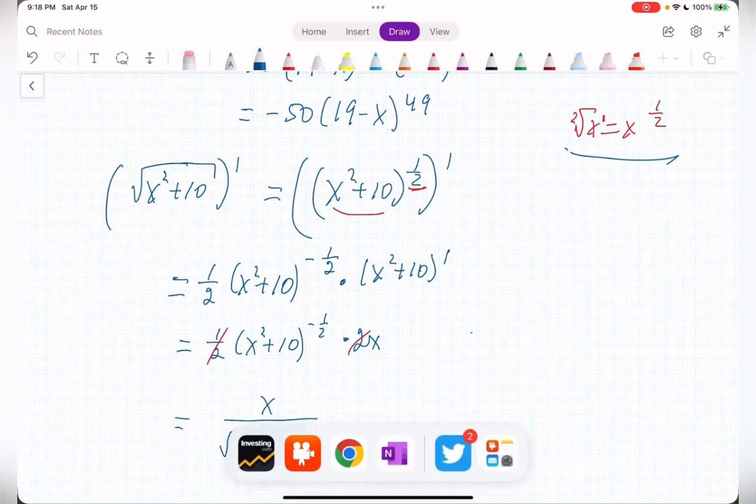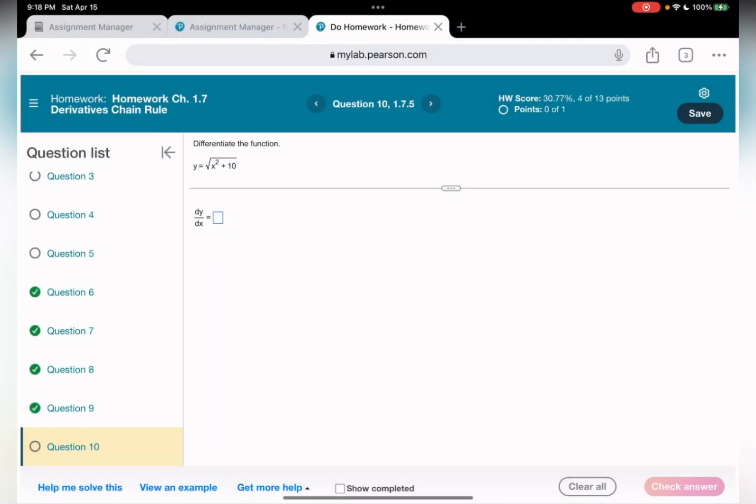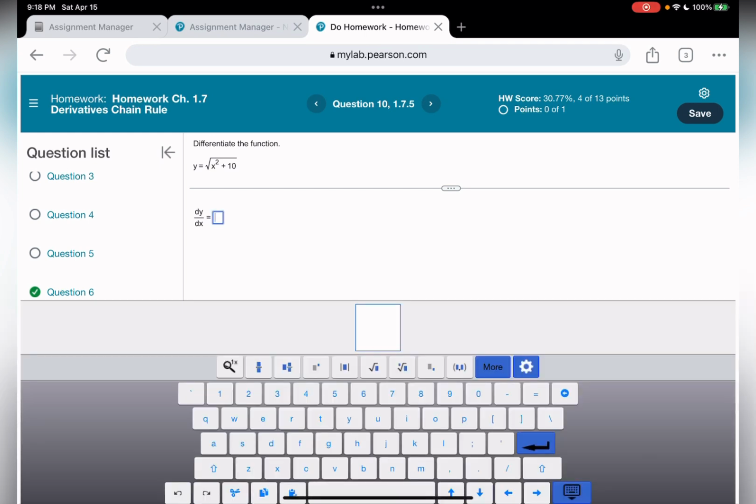Okay, so let me place the answer. It's going to be a fraction. On the top is going to be x. At the bottom it's going to be a square root of x squared plus, oh no, it has to be underneath.